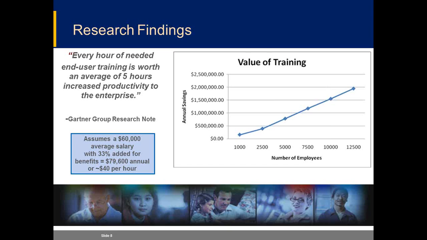Depending on your organization, your average salary is going to change, but again, we look at a salary of $60,000 plus 33% for benefits, and then we're looking at around $40 an hour. So we can start quantifying that within your user constituency, how many users you have, how many hours of training that you're going to provide for them.